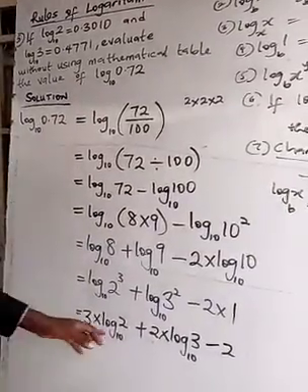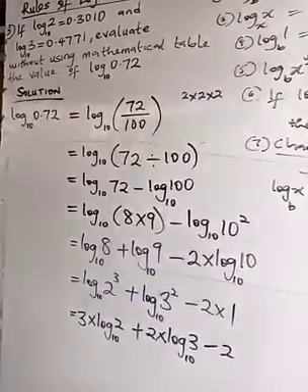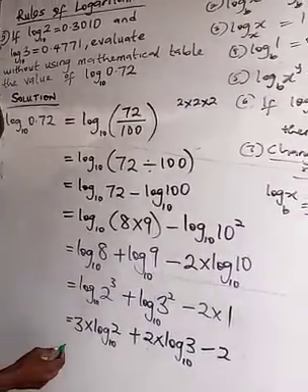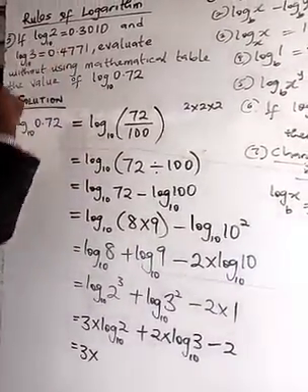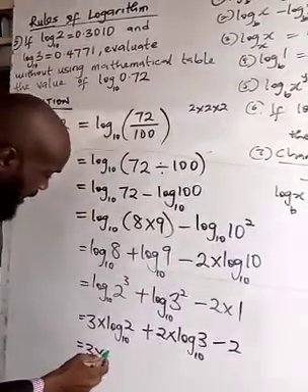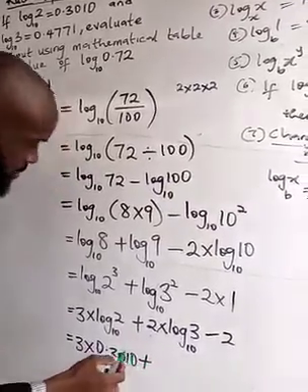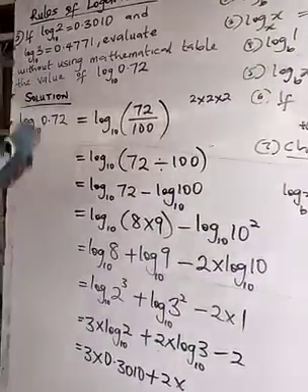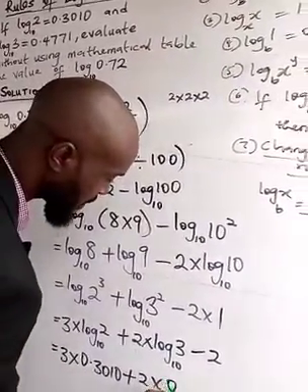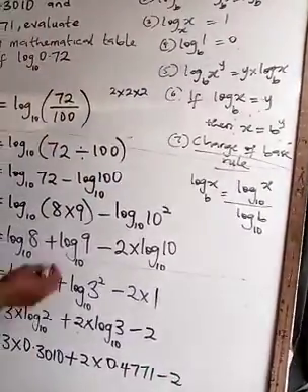In the question we have log 2 base 10 given, we have log 3 base 10 given, so we just substitute. So this is going to be 3 times, in the question log 2 base 10 is 0.3010, plus 2 times log 3 base 10, which is 0.4771.